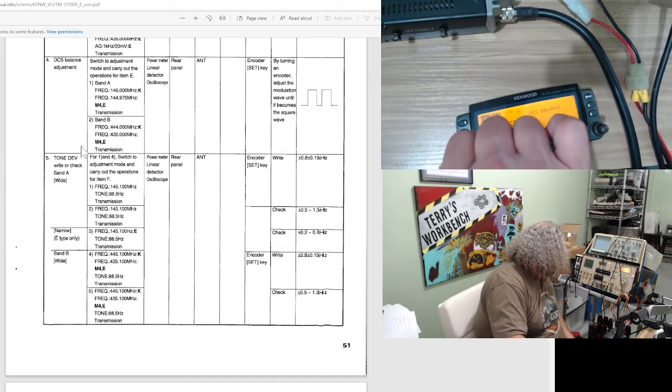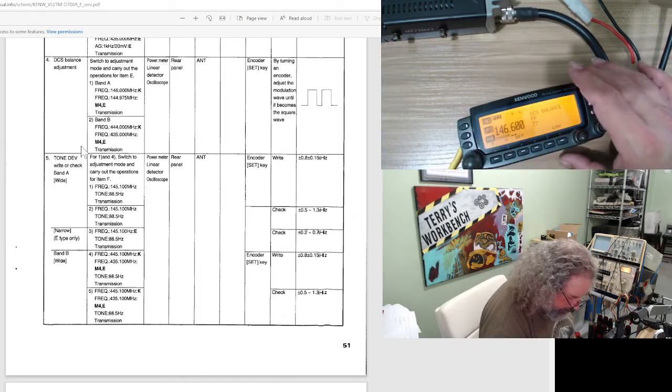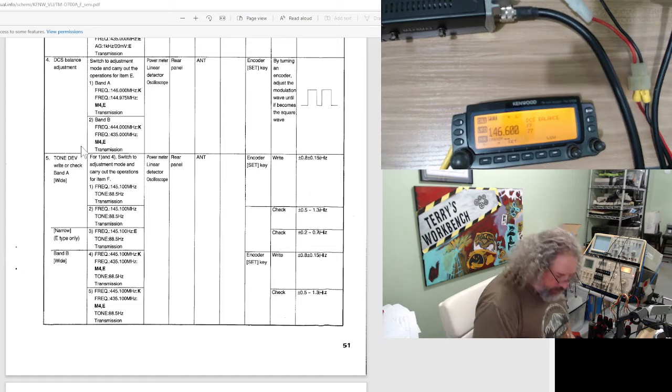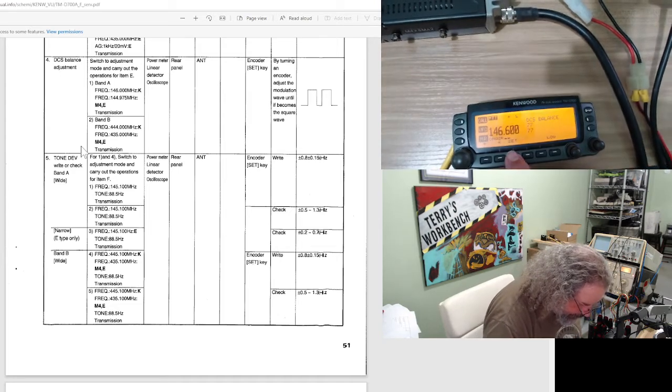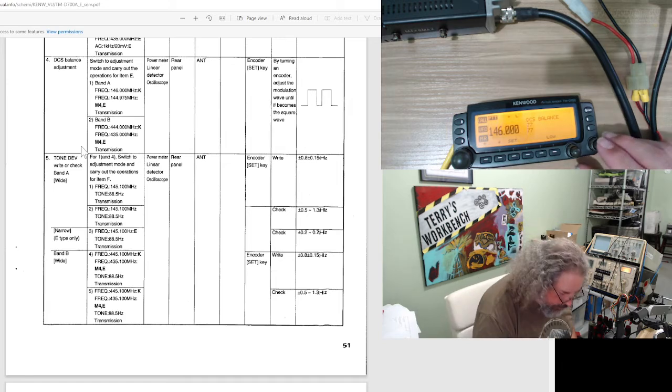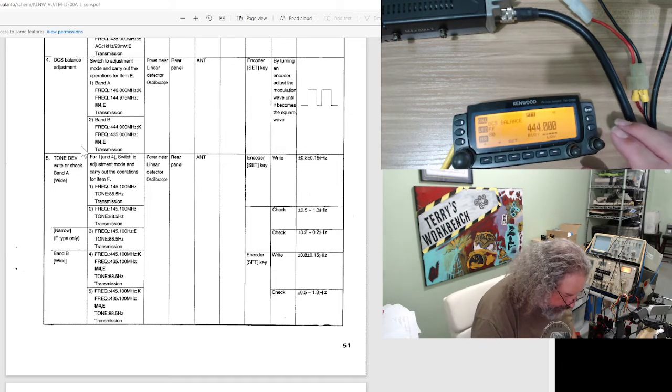As I'm adjusting it, I'm seeing the edges of it changing. Yeah, that's pretty good right there. Yep. She's a square wave now. We are set. Do that on the other side.